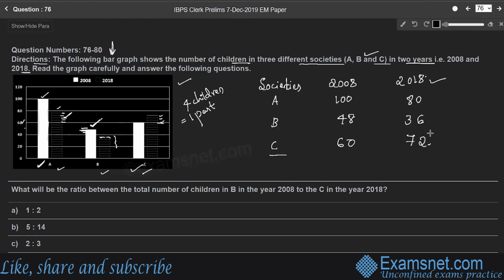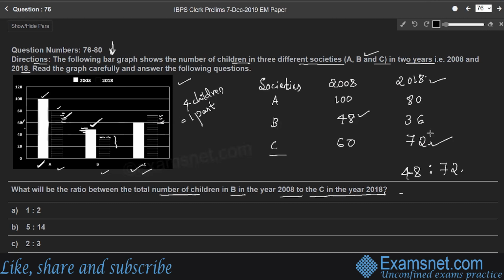So the question is, what will be the ratio between the total number of children in B in 2008 to the C in the year 2018? In 2008, Society B has 48 children. The number of children in Society C in 2018 is 72. So the ratio is 48 to 72.